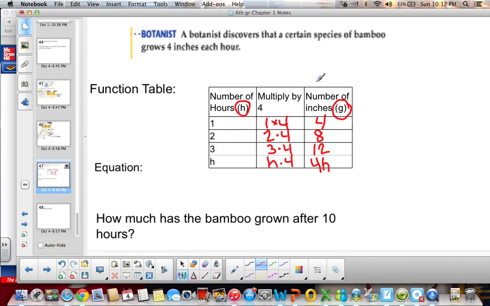So we want to find out the total growth after a certain number of hours. So our equation is going to be g equals, because that's our total of what we're finding out, and that's our output. This is our input. Label this on your table: input, and then label the output.